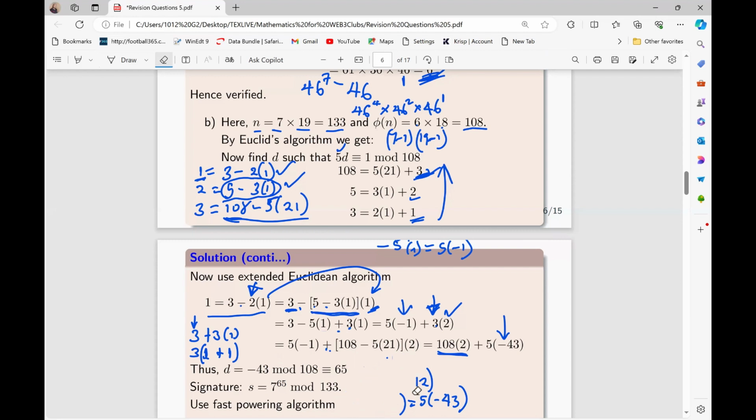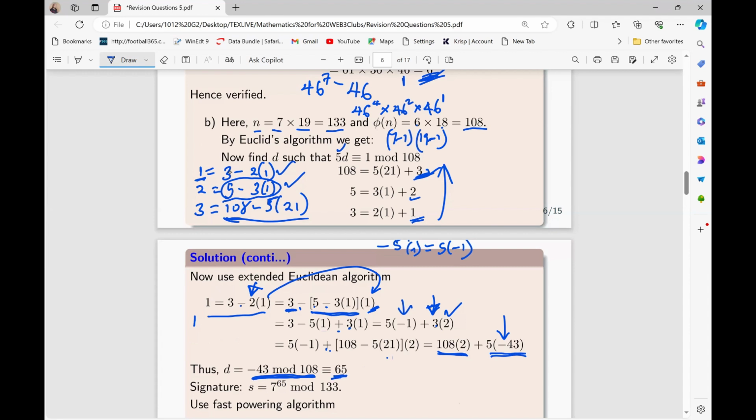D is that number which, when multiplied by E, gives us 1. But in this case, our E is 5. So the number that is multiplied by 5 to give us 1 is negative 43. So D is negative 43 mod 108, which we just make positive.